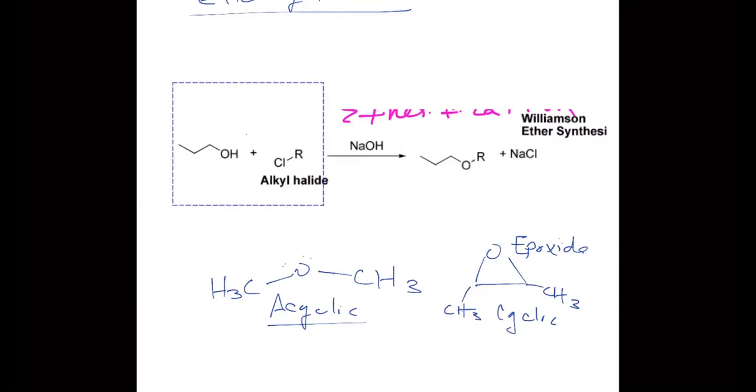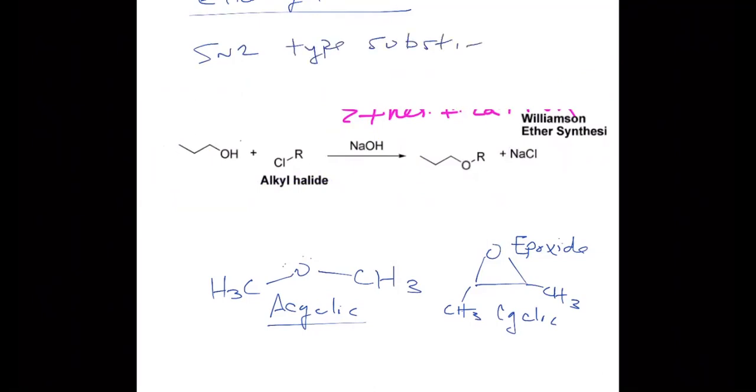So in the Williamson ether synthesis that's shown, you have an alcohol and you have an alkyl halide. It's a simple SN2 type substitution. It's a very simple reaction.